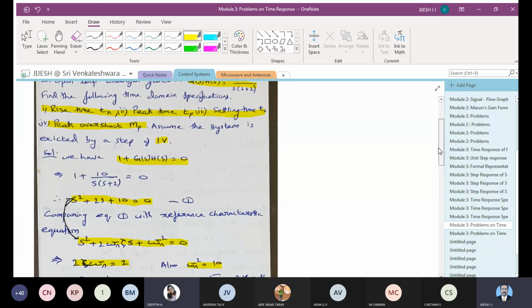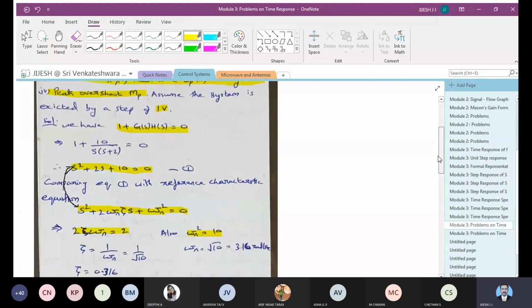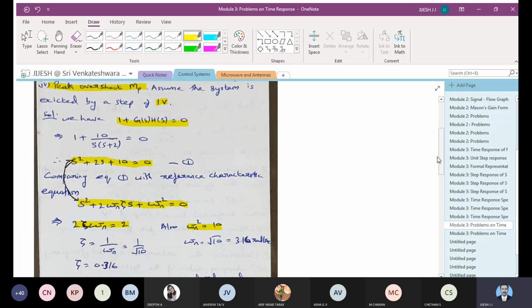What is that value? Okay, we will take it as 1 by root 10 and it is 0.316. So zeta you will get as 0.316. All of you are getting 0.316? Yes, sir. Okay. So you got omega n, you got zeta.